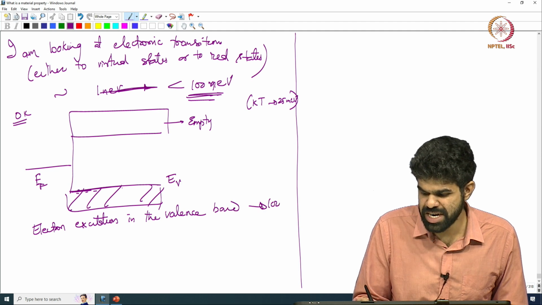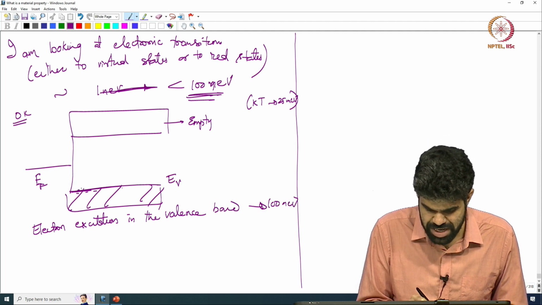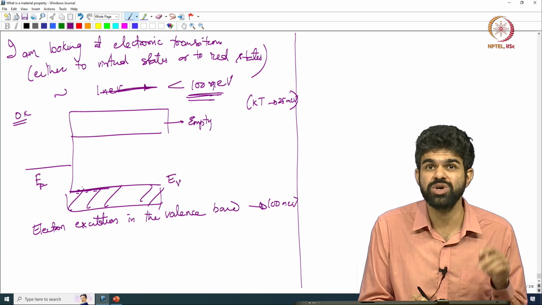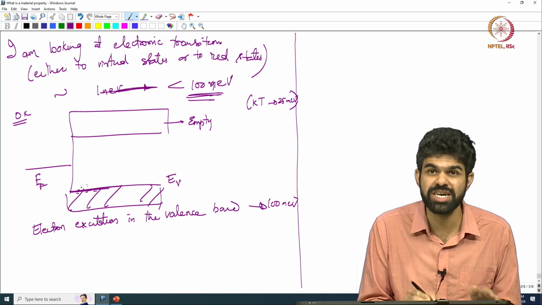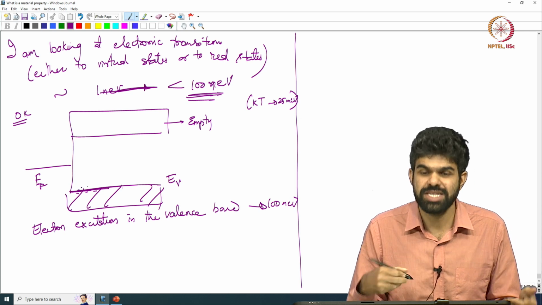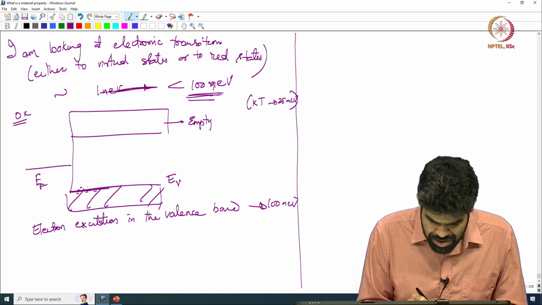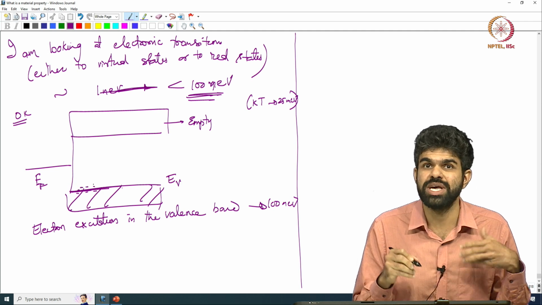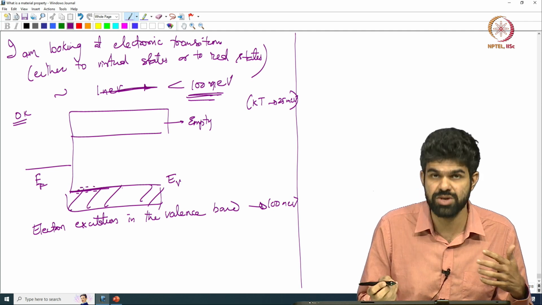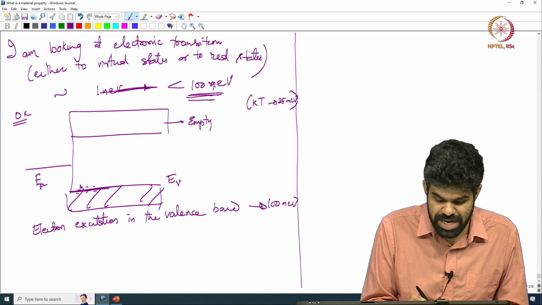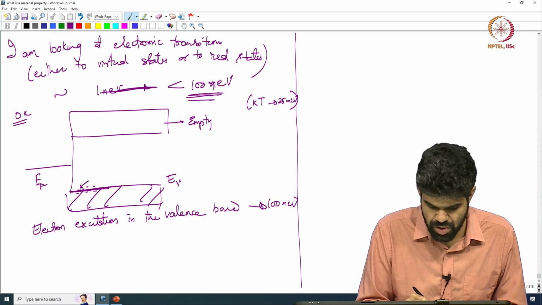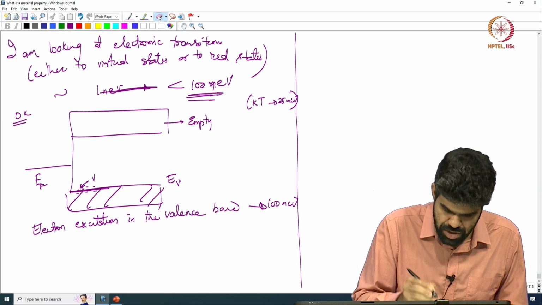The excitation needs to be about 100 nano electron volts. But at 0 Kelvin there are no existing states at about 100 nano electron volts. As a result, since there are no states, what I end up doing is exciting to virtual states.